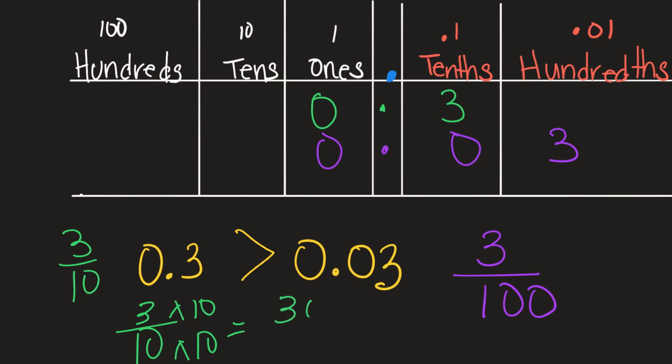So we have 30/100. We see that 30/100, which is right here, is going to be greater than 3/100 because 30, the numerator, is greater than 3. And remember, we can only compare the numerators like that if the denominators are the same.